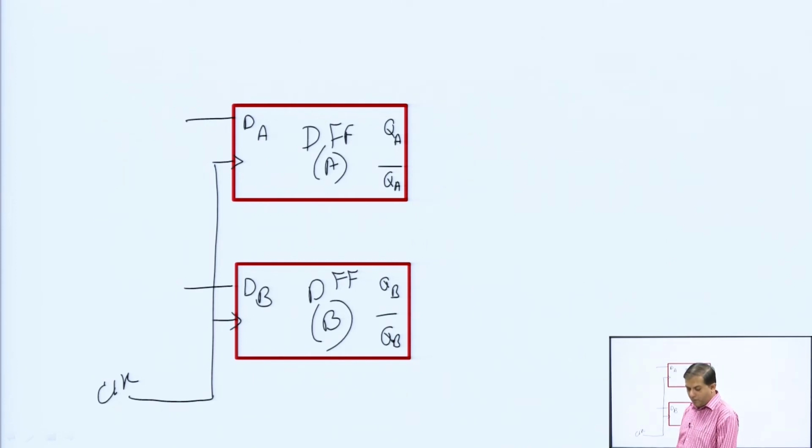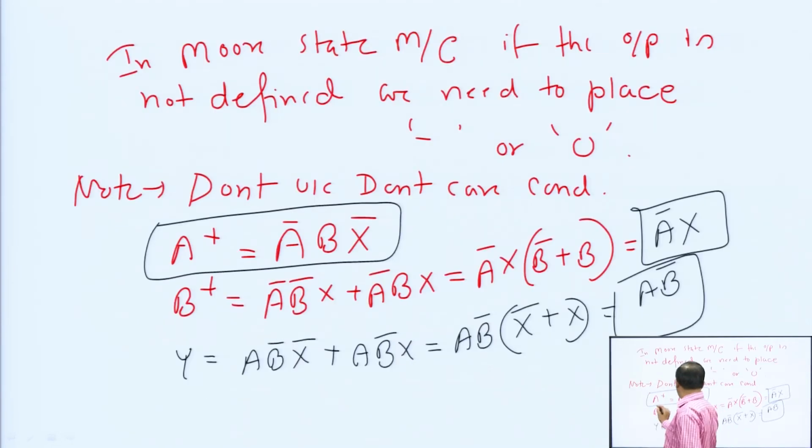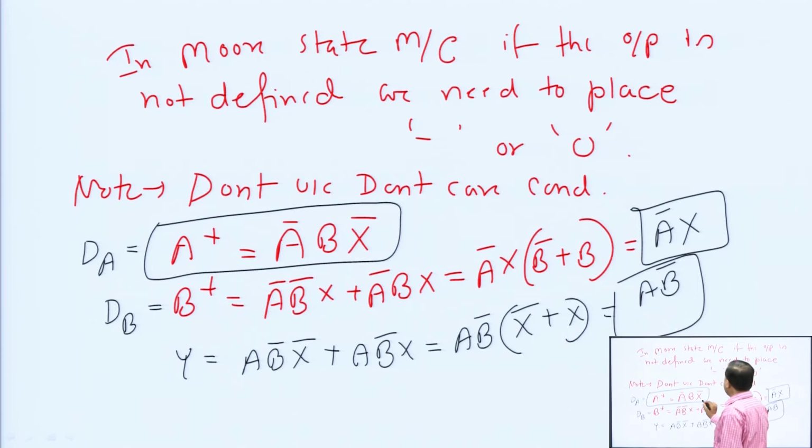Now, what is the formula for A plus? This is the input to D A, and this is D B. So, D A is A bar B x bar.